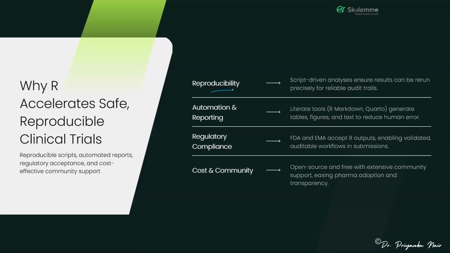We already talked about automation and reporting here. Very effective tools with R that come into the picture are R Markdown and Quarto. They allow us to generate the tables, figures, narratives, and full reports automatically.